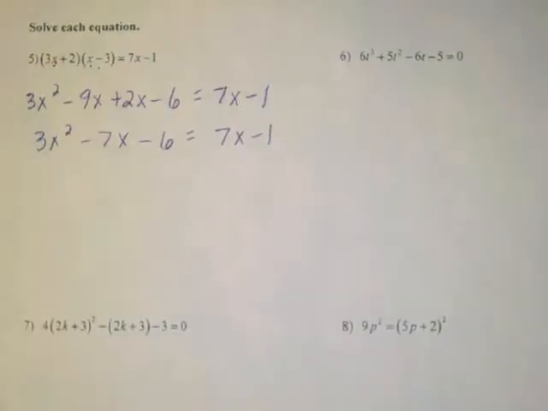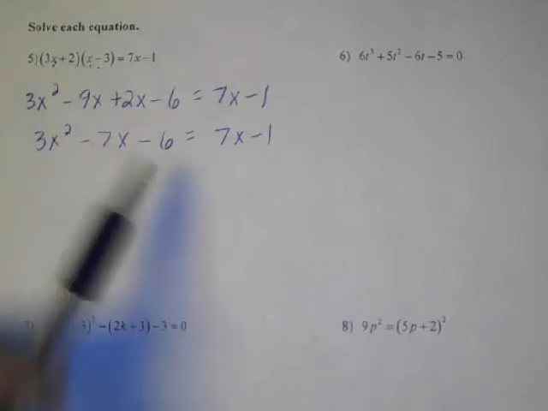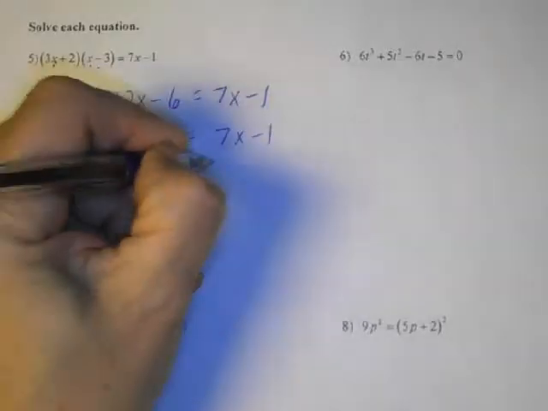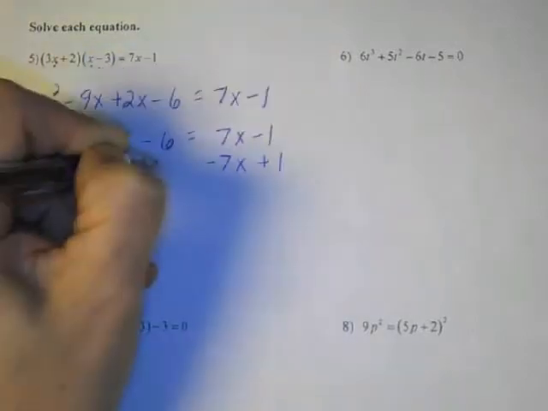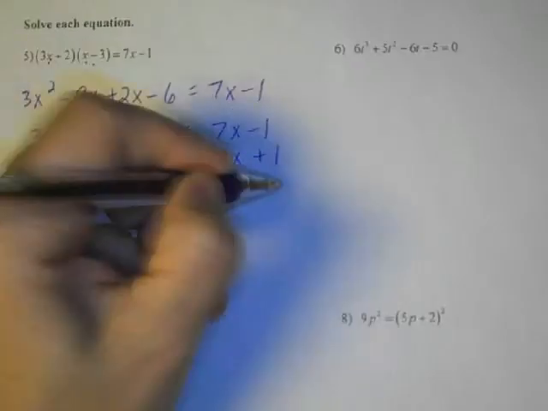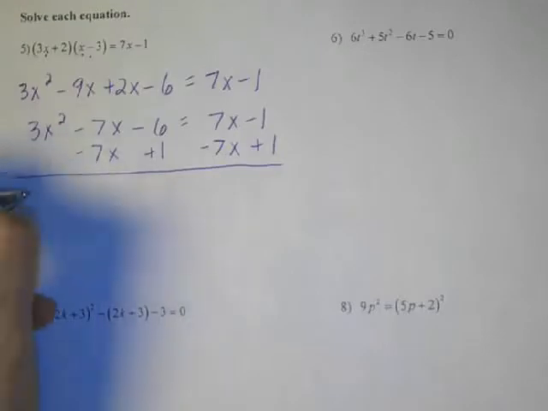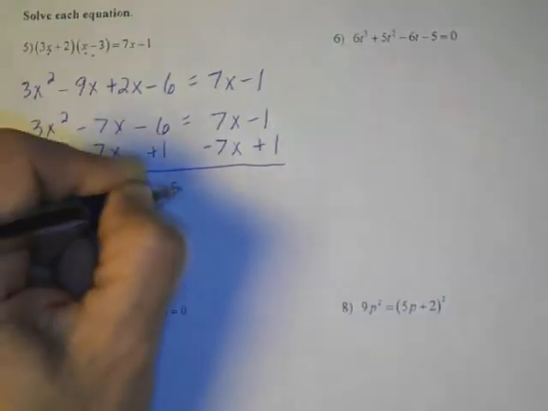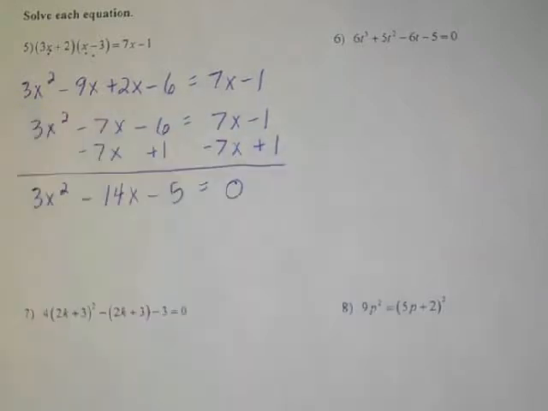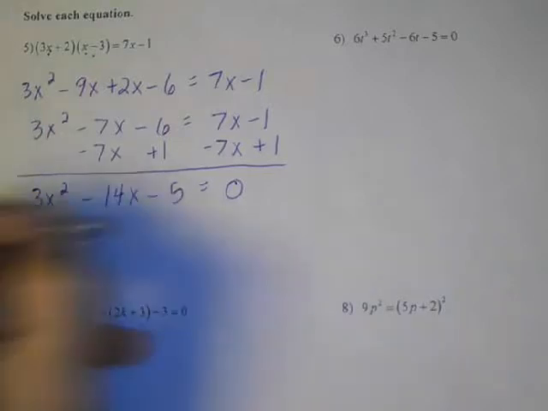I now see I have a quadratic equation with the power of 2, so I am going to set it equal to 0. 3x squared minus 14x minus 5 equals 0. I am going to factor.